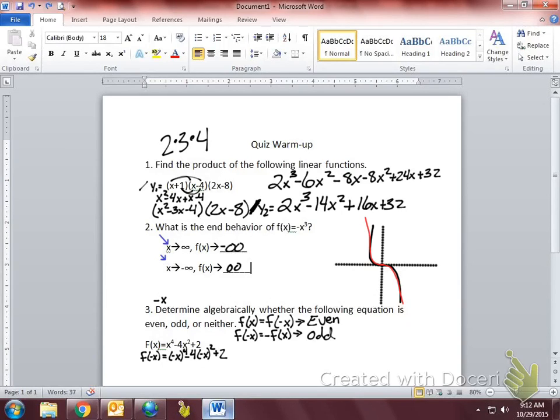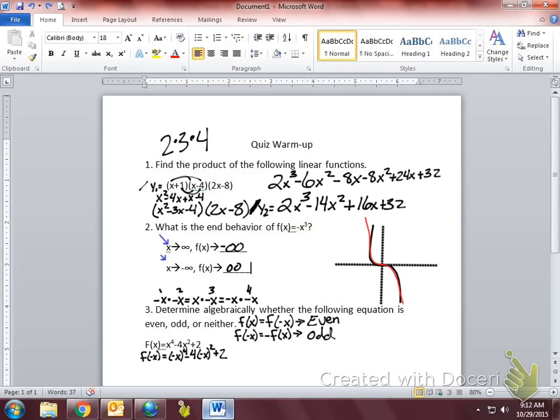Let's try it. Negative x times negative x is what? Positive x, okay. Times negative x, so there's my third x. Positive x times negative x is what? Negative x.